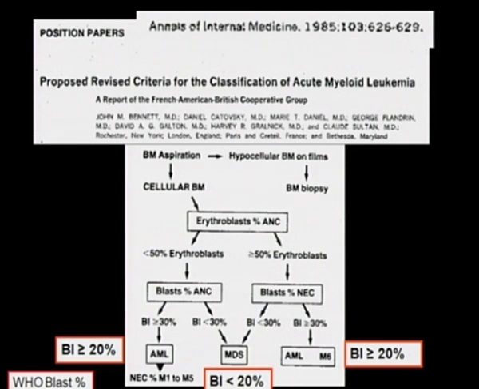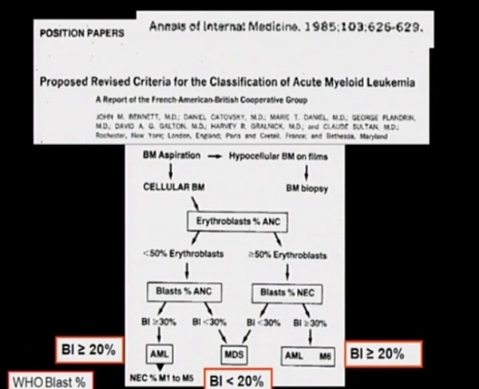So if after we performed our myelogram we have erythroblasts that are 50% or more of all the cells counted in the myelogram, we use the blast percentage out of the erythroblast compound, that is the blast percentage of the non-erythroid cells.